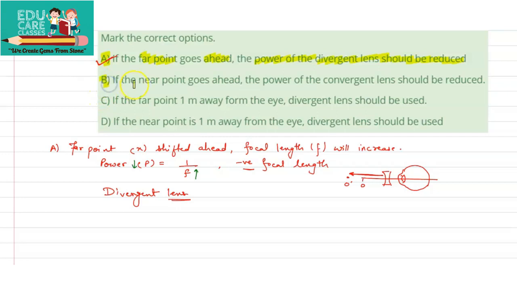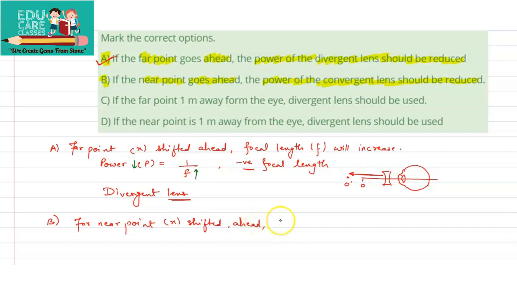Now we will talk about option B. It says that if the near point goes ahead, the power of the convergent lens should be reduced. Let us say the near point is shifted ahead.